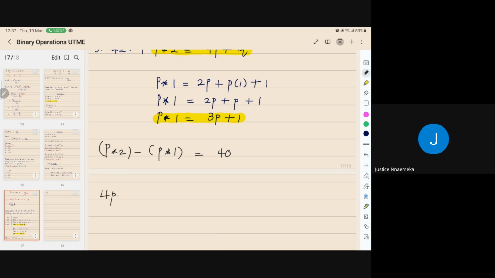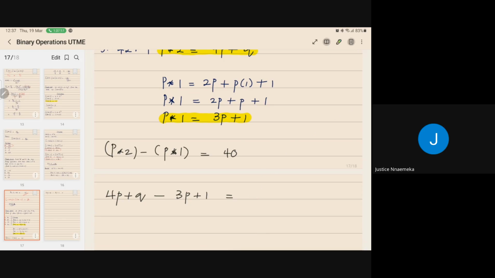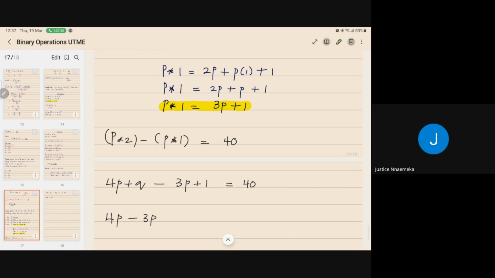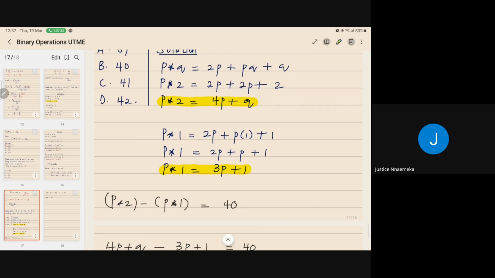This is 4p plus 2 minus 3p plus 1 is equal to 40. So this will give me 4p, collect like terms, minus 3p. Sorry, where am I getting this q from? This cannot be q. This will be 4p plus 2. Sorry.